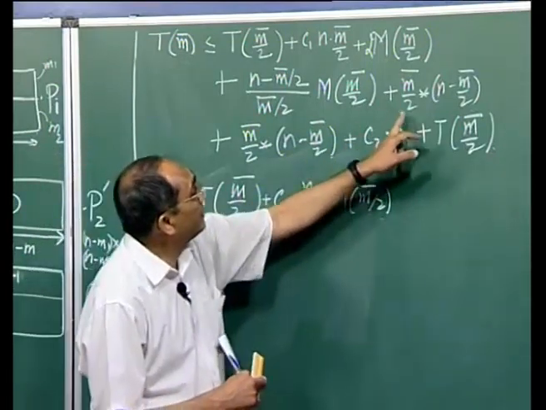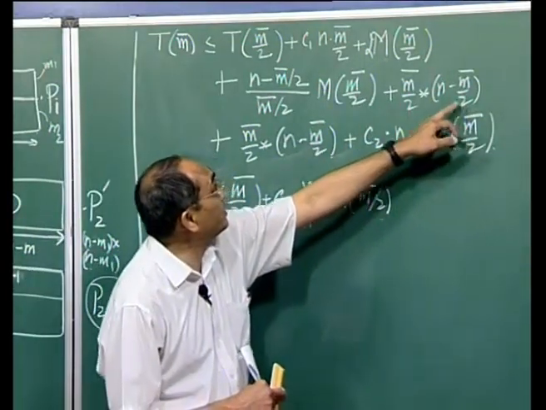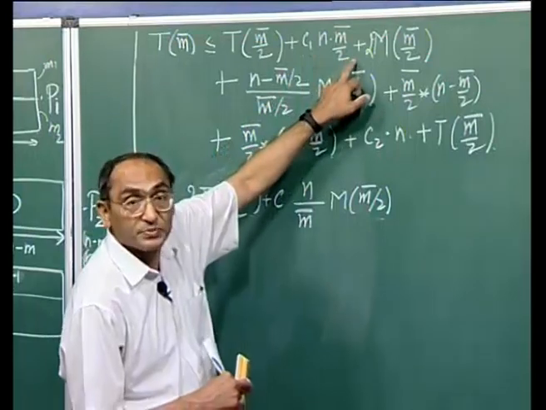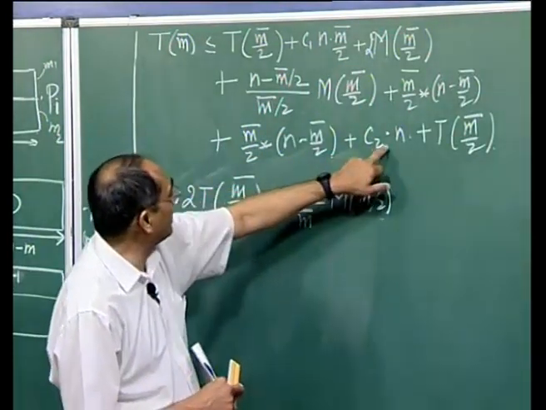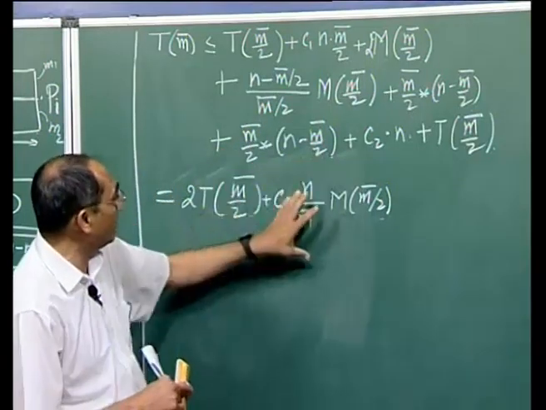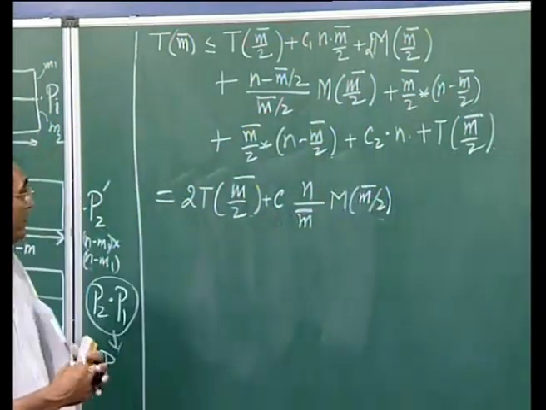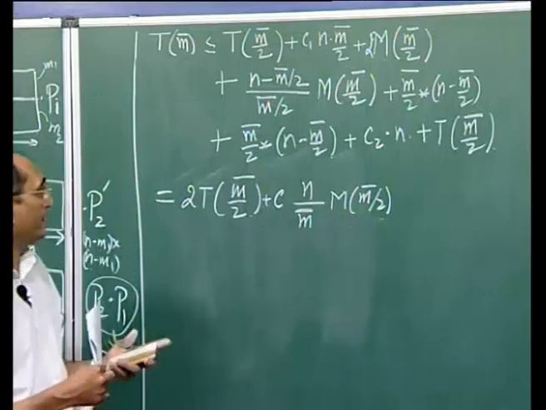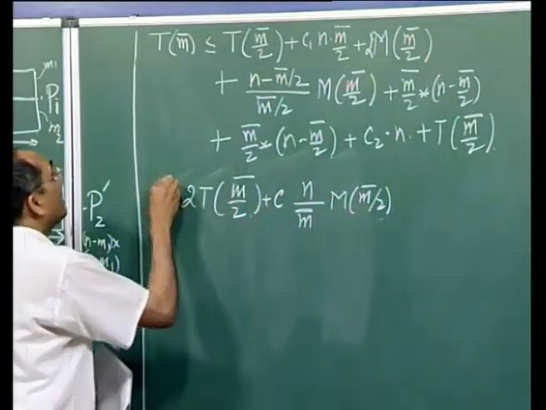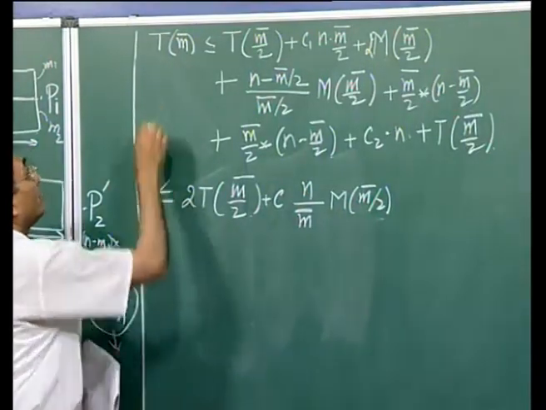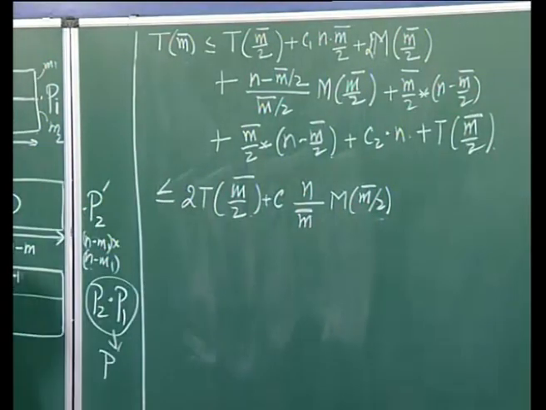Hence, this entry is subsumed by this. This entry is subsumed by this. This is subsumed by this, and this is also subsumed by this. We don't have to put any more entries. For a suitable choice of constant, this can be taken as an upper bound to T of m bar.